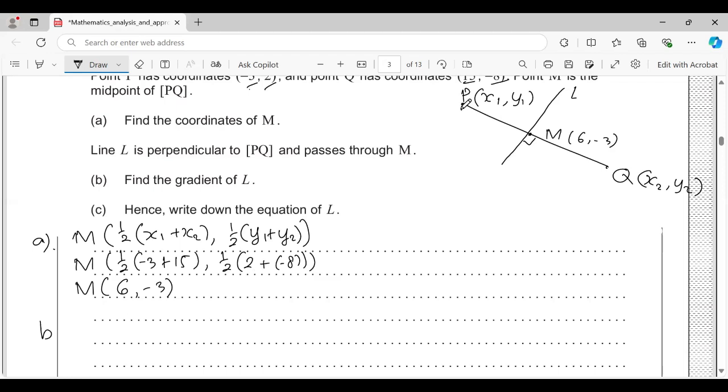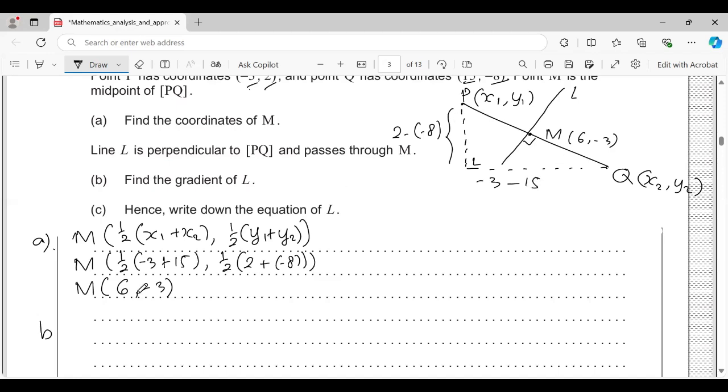I'm going to add two straight lines, and PQ becomes a right-angle triangle like this. On the y-axis, it is 2 minus -8, and on the x-axis it is -3 minus 15.